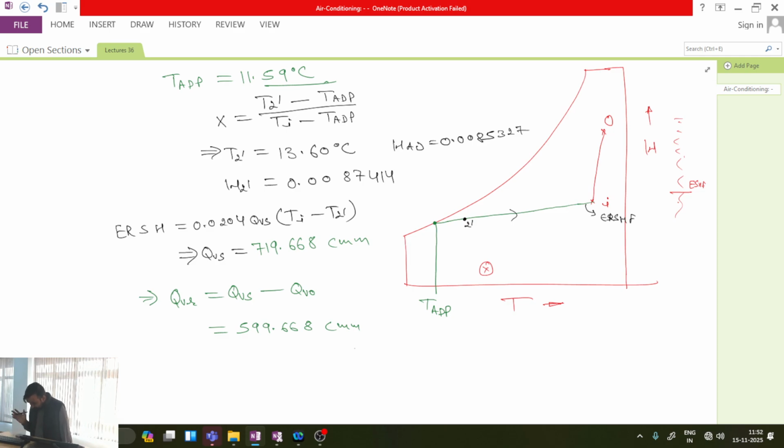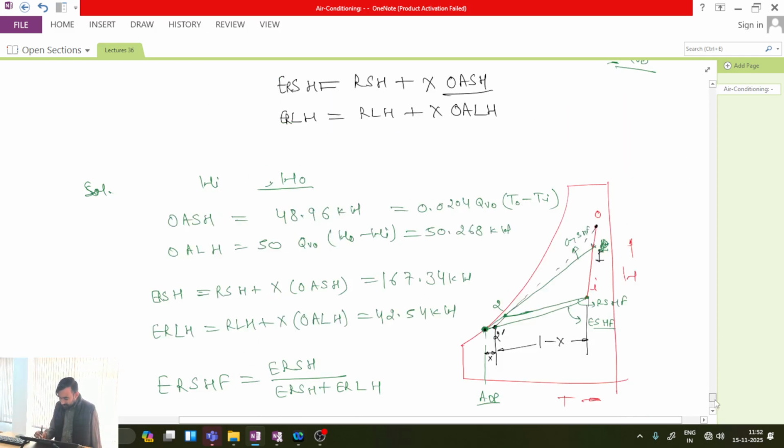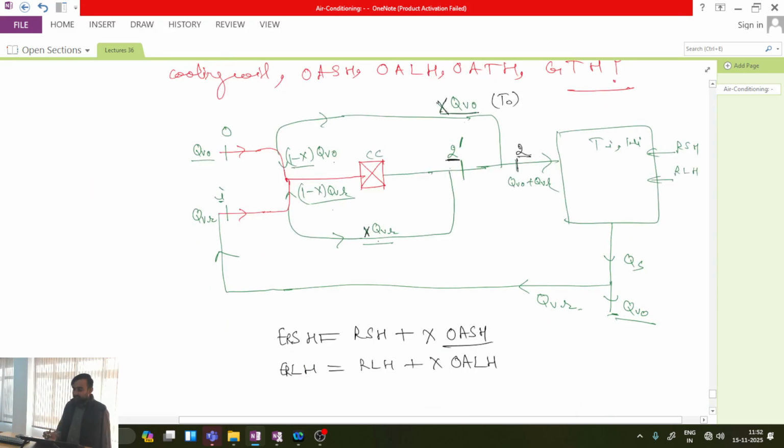Okay, can I calculate now supply state 2? Go back to the previous figure, the schematic, what I explained in this schematic. If I know state 2 dash, then what is the flow rate at T2 dash? Please see, 1 minus x QVR is coming from here, x QVR is coming from here.